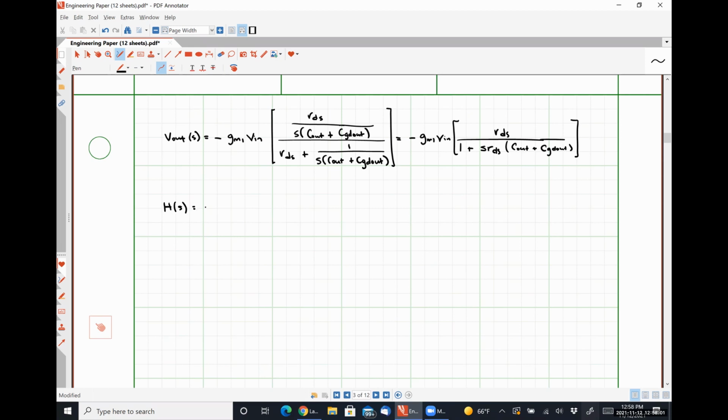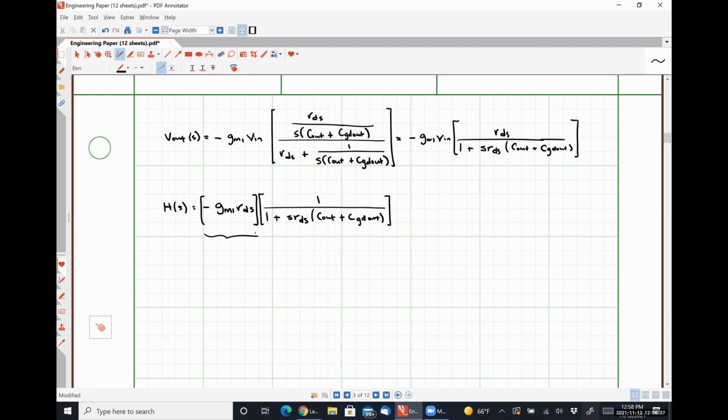So it's going to look like negative GM1 RDS multiplied by a factor of 1 over 1 plus S RDS multiplied by C out plus C GD out. Where, put boxes around these guys.